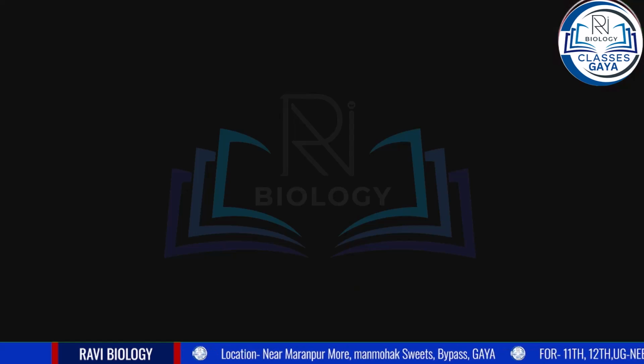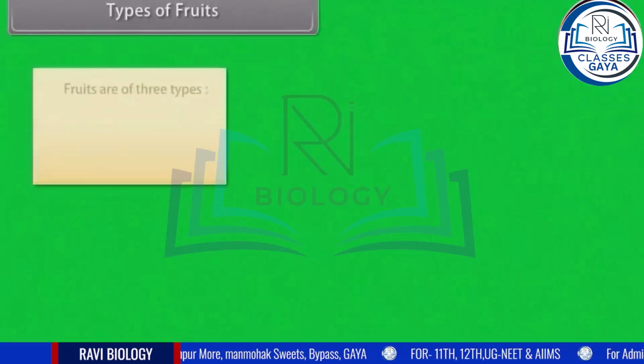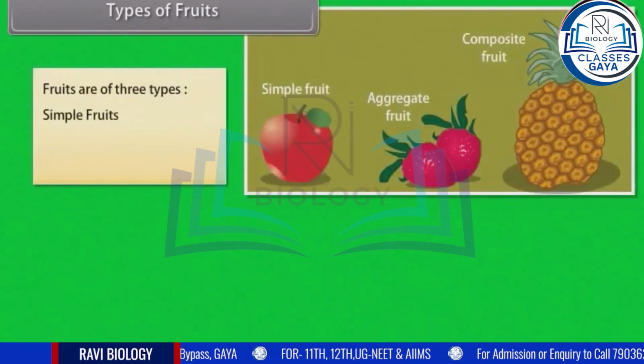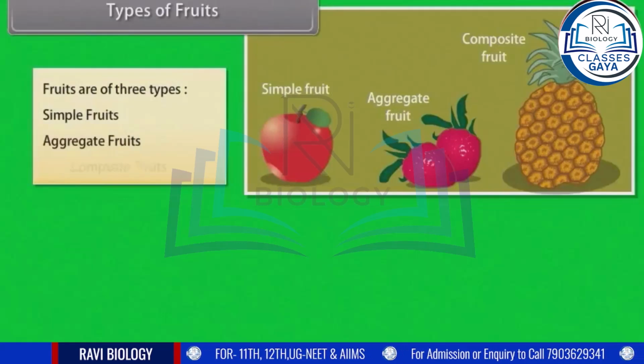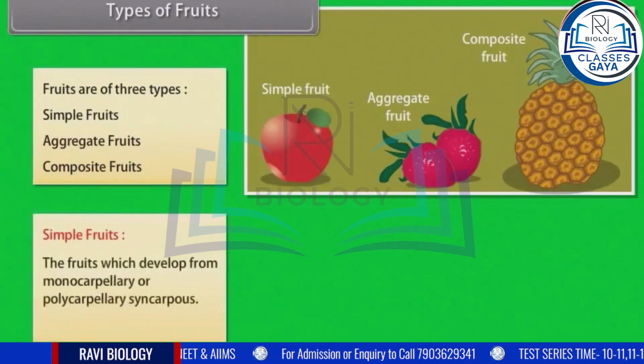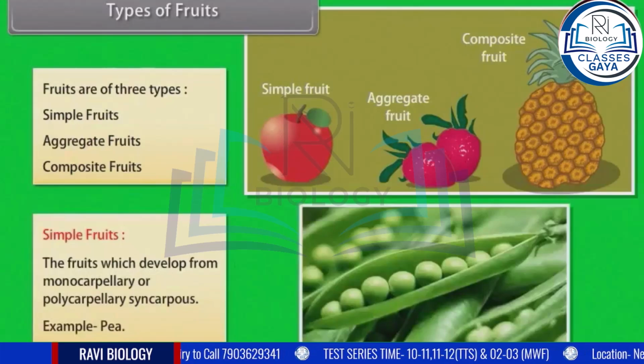Types of fruits. Fruits are of three types: simple fruits, aggregate fruits, composite fruits. Simple fruits: the fruits which develop from monocarpellary or polycarpellary syncarpous. Example, pea.